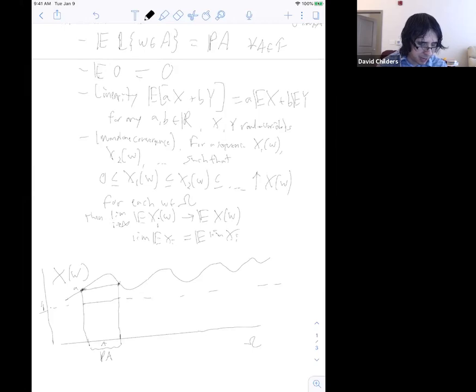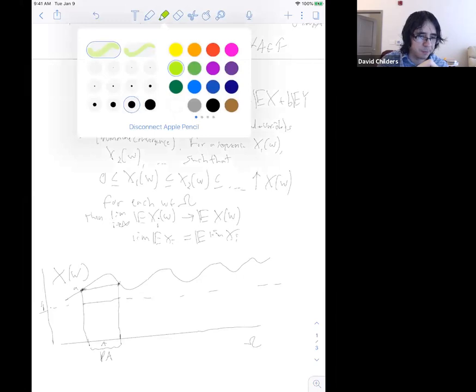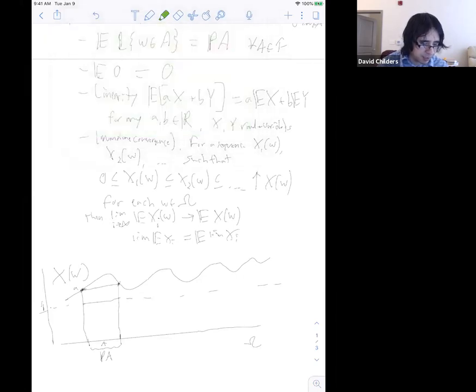And then the area of this object is little a times probability of A. And so notice that we kept this below.